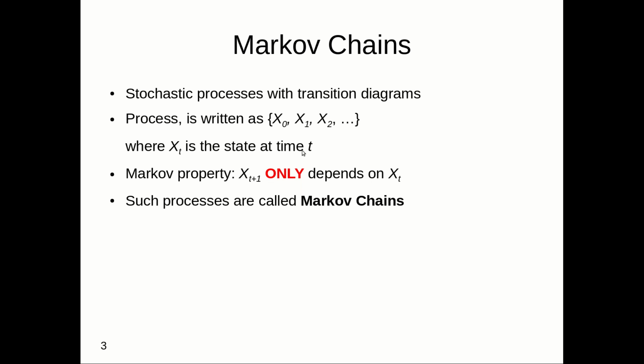The very important thing about Markov chains is this famous Markov property: the state at time t plus 1, so xt plus 1, only depends on the state at time t, xt, and not on any previous state. Processes that have this property are called Markov chains.